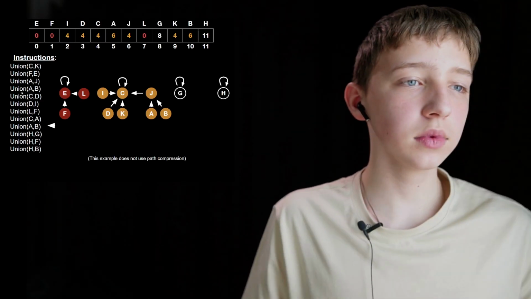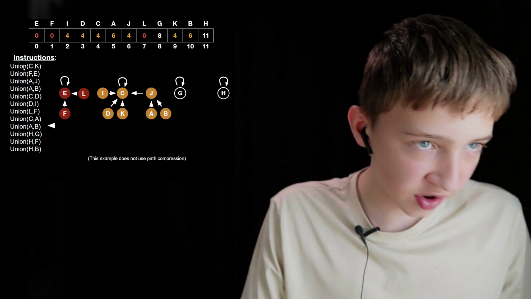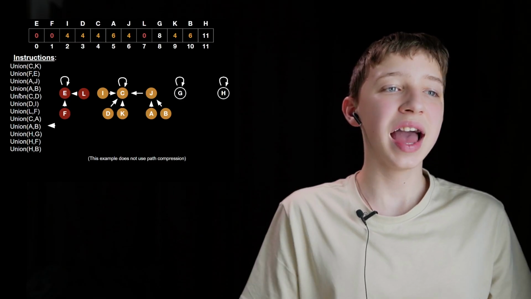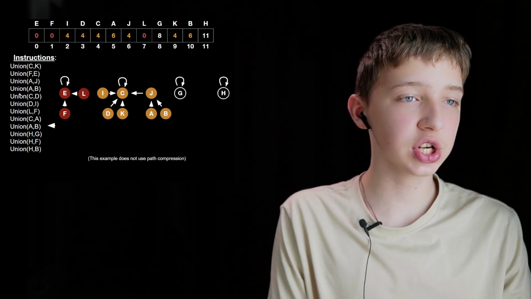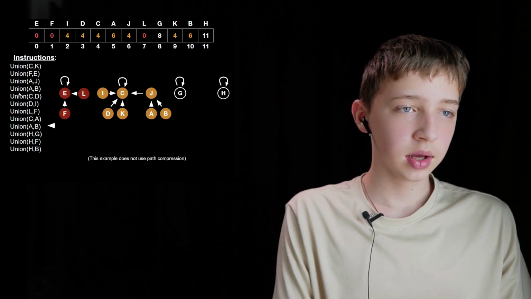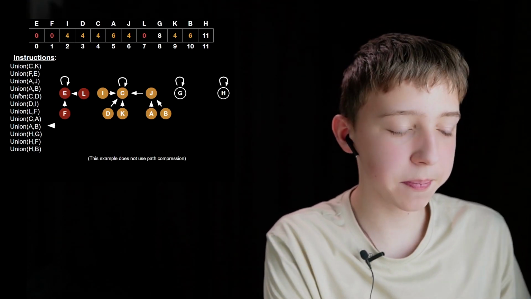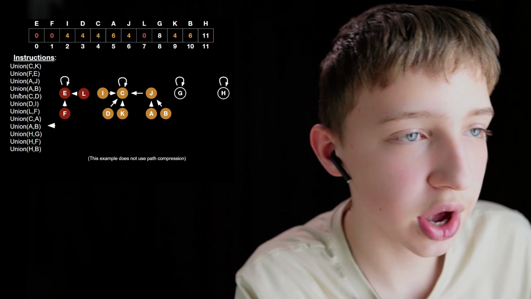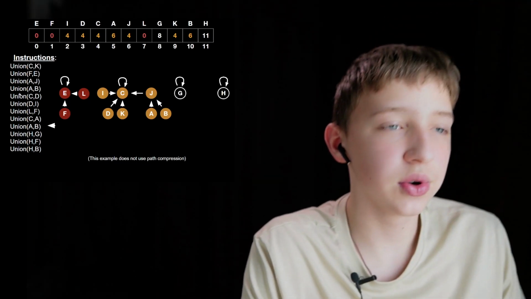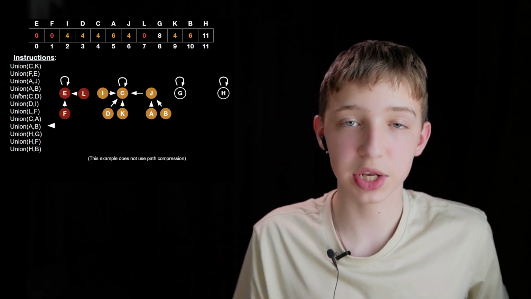The index of B is 6 again, and the element that was at position 6 initially is G, and the parent node of G is C. The parent node of C is C, so that is the root node.